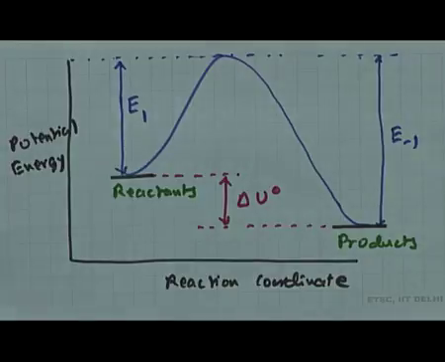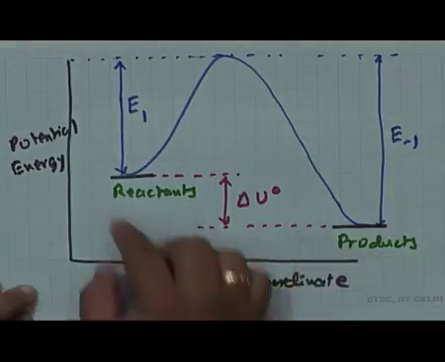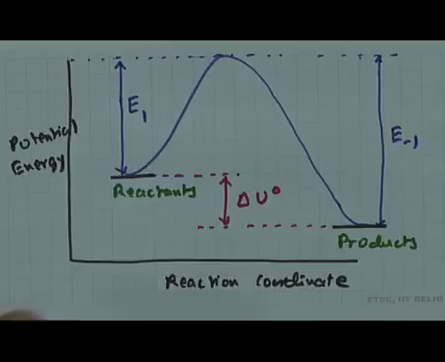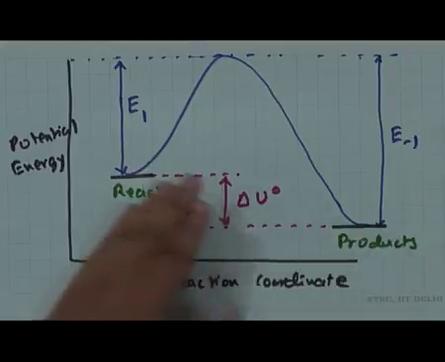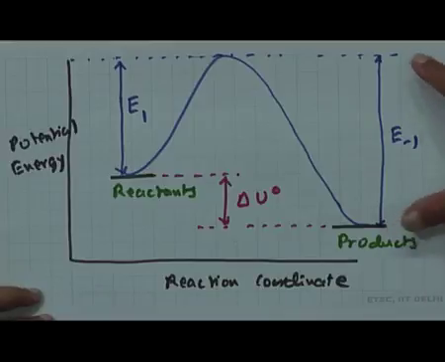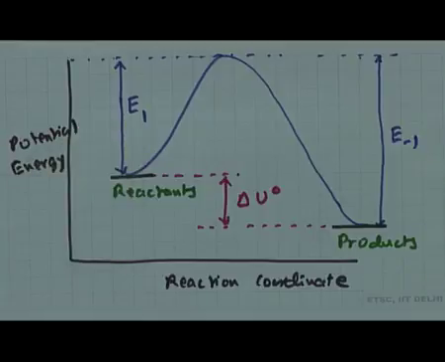So, for the reactants to go over to the product side, they have to surmount an energy barrier which is given by E1. On the other hand, if the products have to come back to the reactants, they have to surmount an energy barrier which is given by E minus 1. As I said before, E1 is the energy associated with the forward reaction and E minus 1 is the energy associated with the backward reaction.